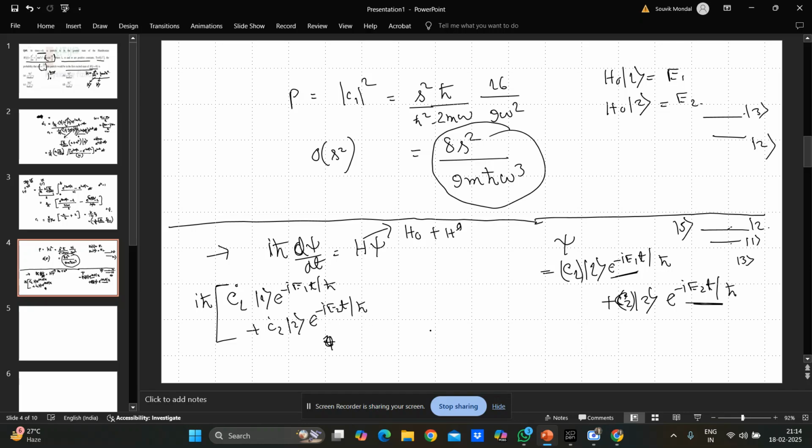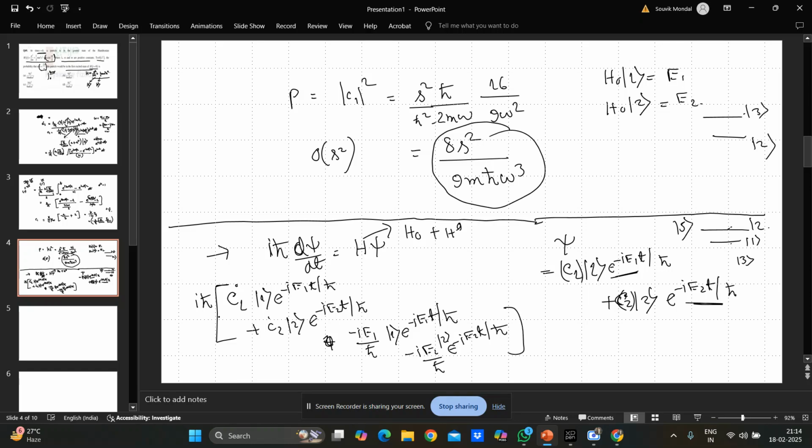If you differentiate this, it will be minus iE1/ħ C1|1⟩ e to the power minus iE1t/ħ minus iE2/ħ C2|2⟩ e to the power minus iE2t/ħ.